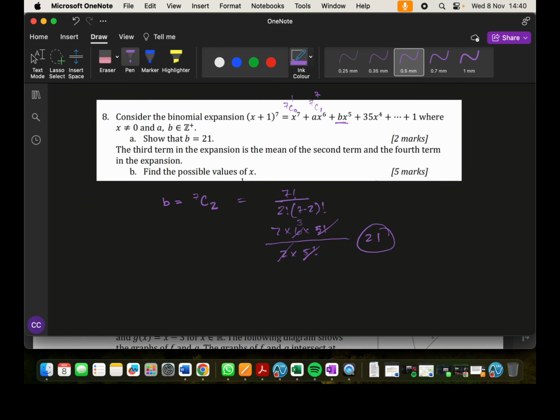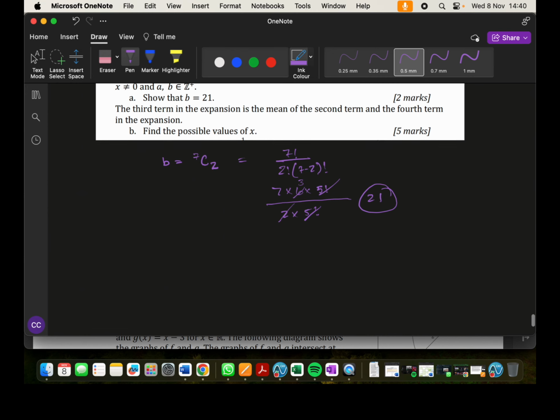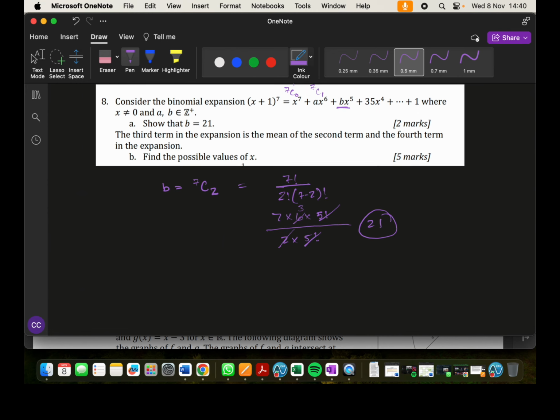Got it. All right, next: the third term in the expansion is the mean of the second term and the fourth term in the expansion. Find the possible values of x. Well, the third term we just saw was 21x^5, and that has to equal the mean of the second and the fourth term.